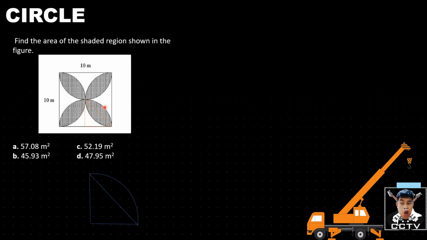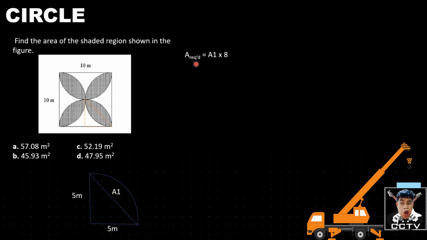And this one is yung arc niya. And that is 5 meters. Kasi 10 meters tong quadrilateral na to. 5 meters din yun. And area 1 to. Ito yung 1, 2, 3, 4, 5, 6, 7, 8. 1/8 of the parts.